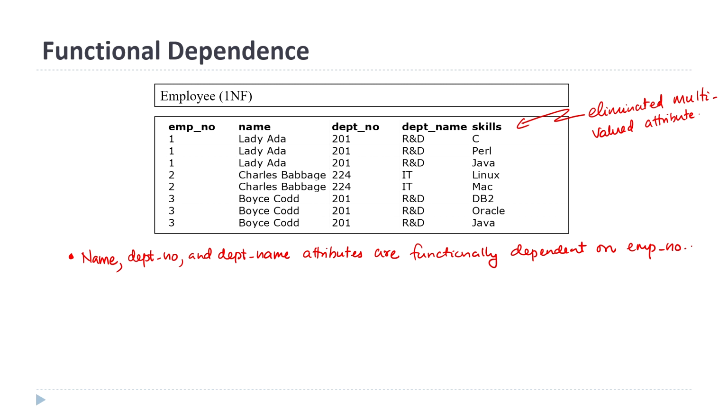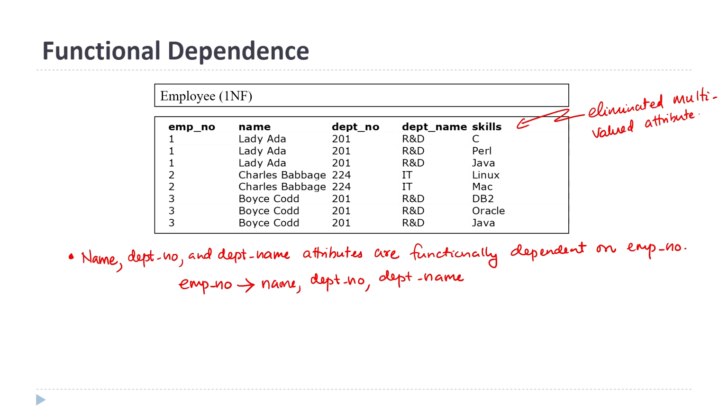Another way to say it is that employee number, which is the key attribute, determines the name, department number and department name of an employee. That is the functional dependence. If you know the employee number, you can figure out the name of the employee, which department that person is working for, and the number of the department.